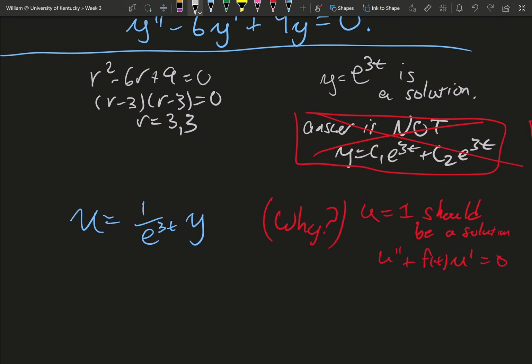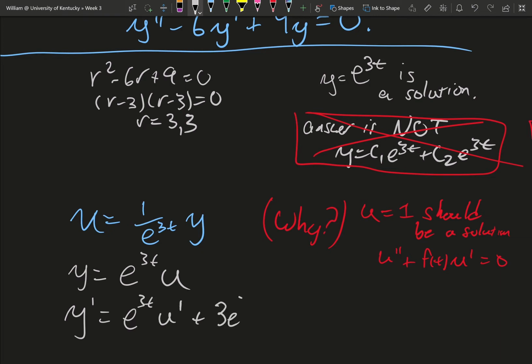Okay. So we have that, and that means that y is equal to e to the 3t times u. We're going to need to compute the derivatives. So y prime is e to the 3t times u prime plus 3 e to the 3t times u.